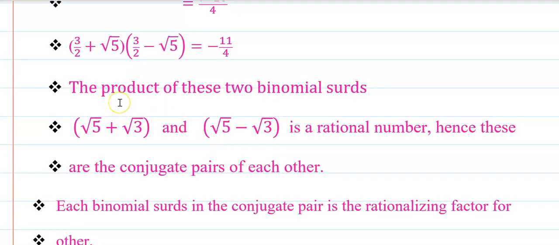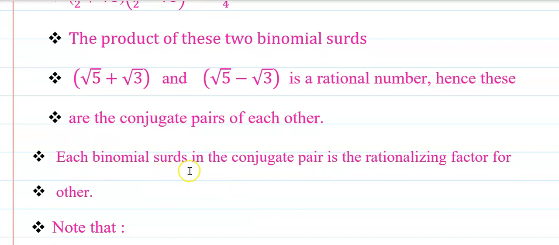The product of these two binomial surds, that is root of 5 plus root 3 and root of 5 minus root 3, is a rational number. Hence, these are conjugate pairs of each other. Therefore, each binomial surd in the conjugate pair is a rationalizing factor of the other.